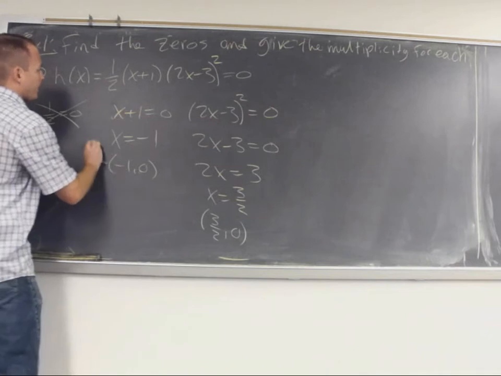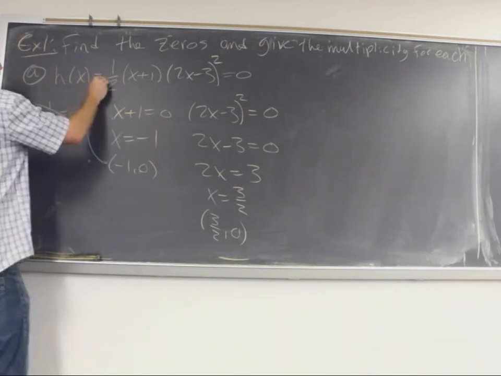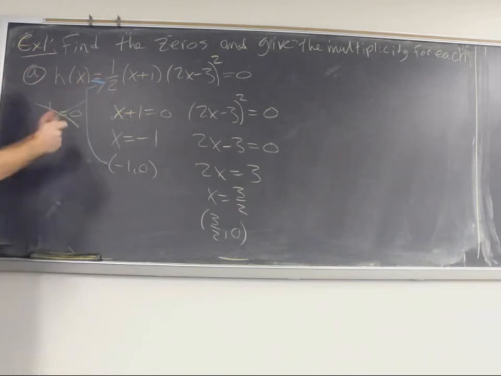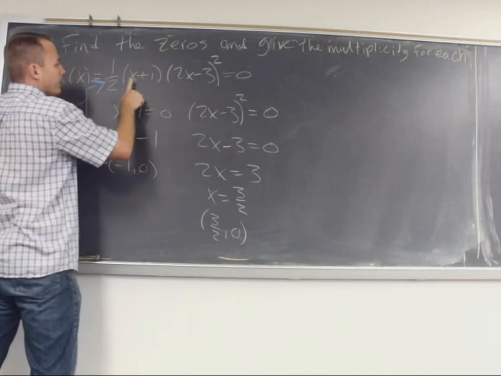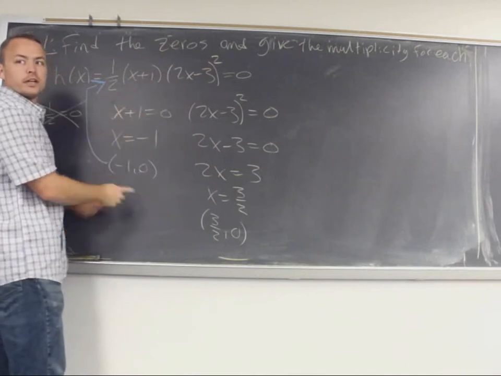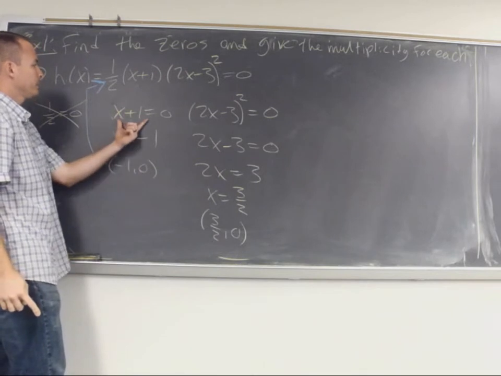So we come back up to this step here. And what we want to do is look at the exponents of these things, wherever this point originated from. So this point came from here, which came from here.